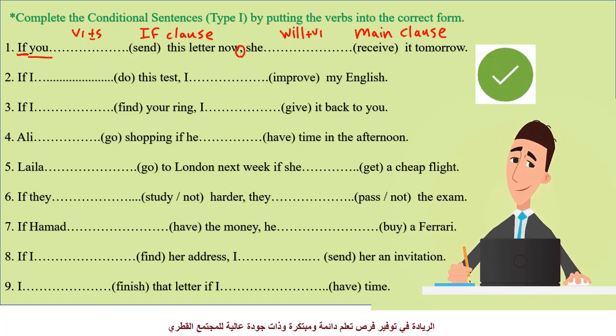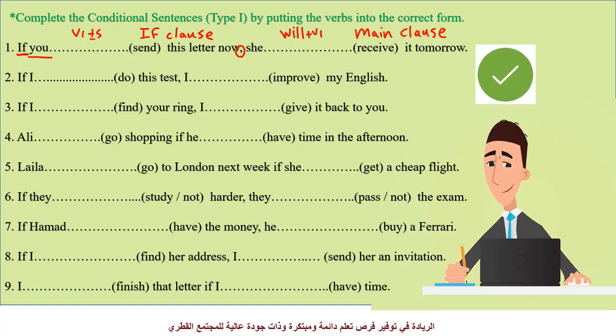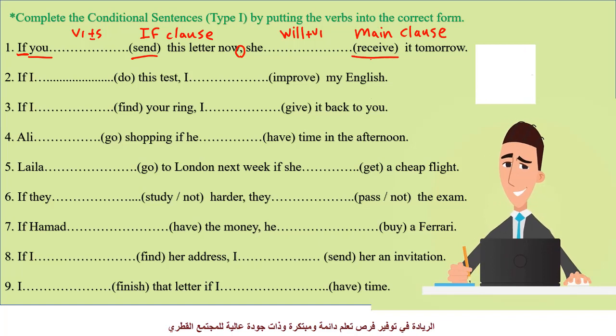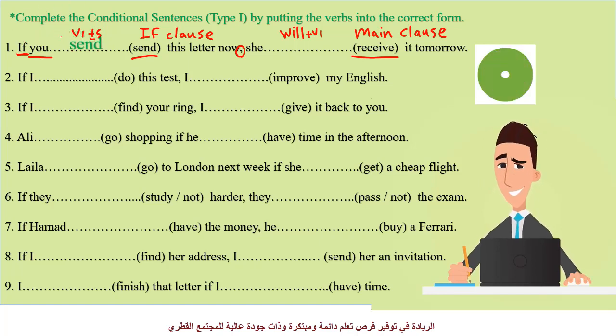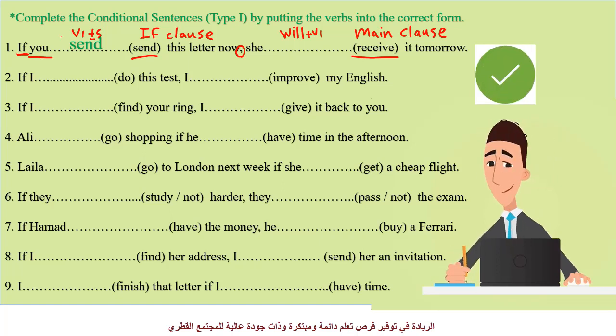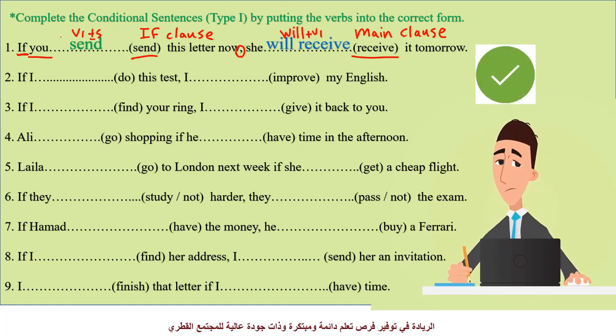If I want to answer these questions using the verbs between the brackets, here we have to look to the subject in the if clause. You is not one of the third person singular, that's why we have to write the verb as it is. If you send this letter now, she will receive it tomorrow.